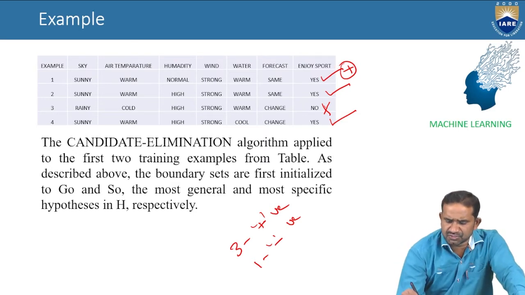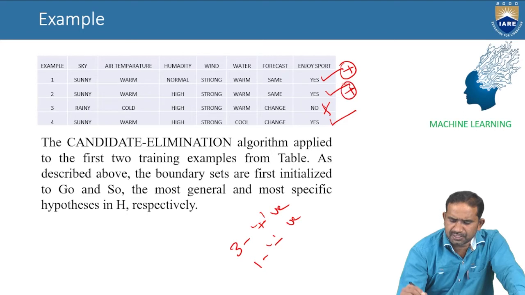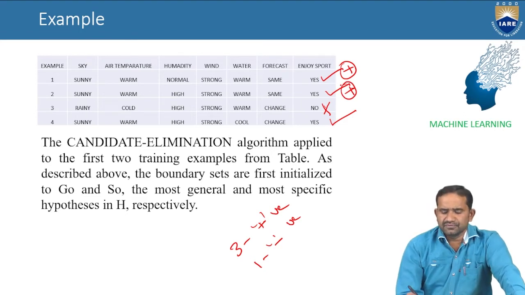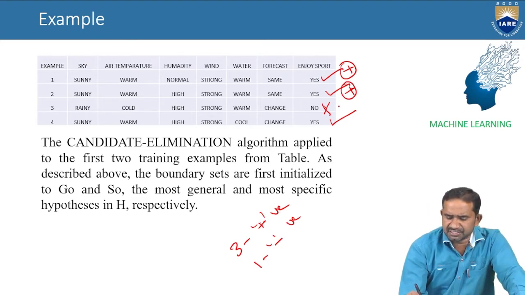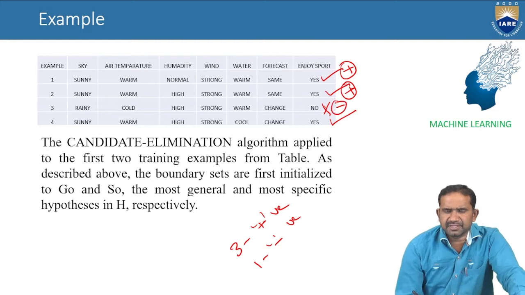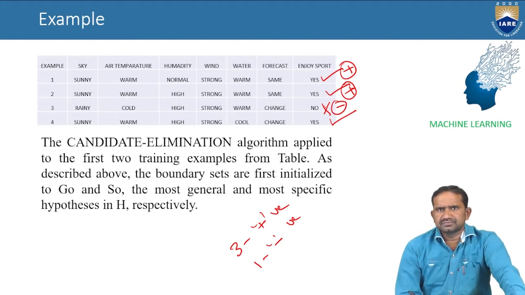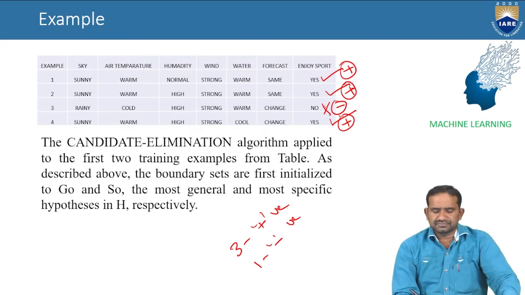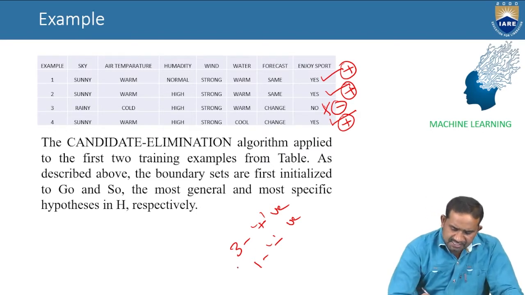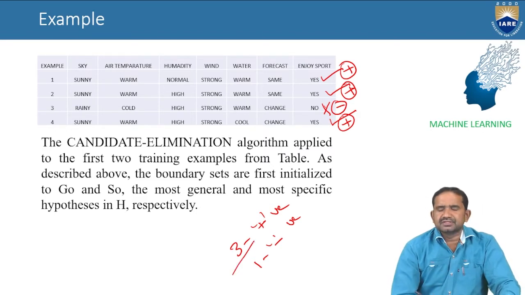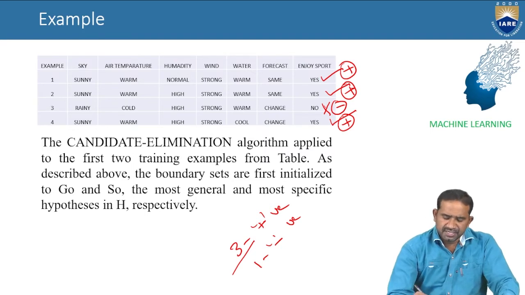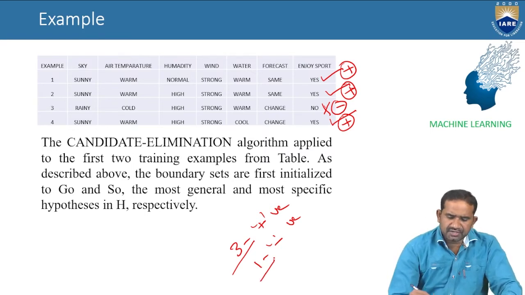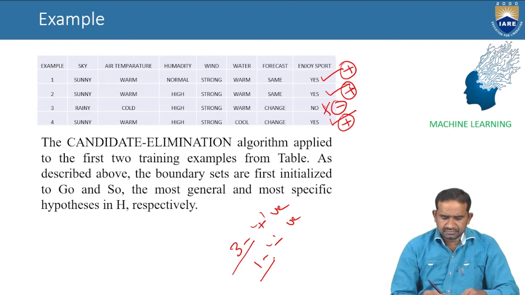The second is also a positive training example. The third is no, so it is represented as the negative example. And the fourth is also enjoy water sport, so it is a positive training example. Finally, in this example there are three positive examples and one negative example.